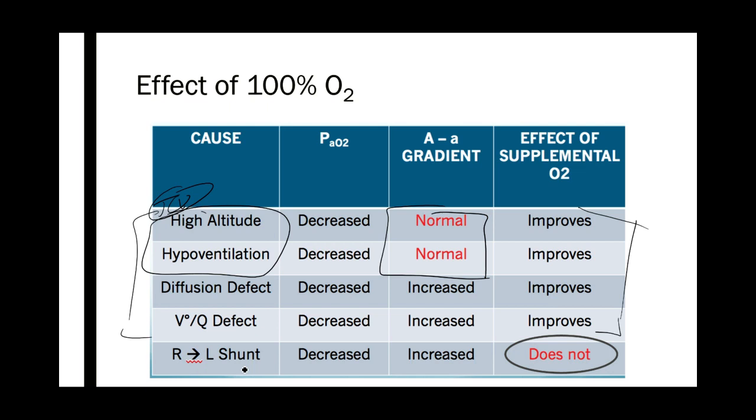But if there's a right to left shunt, it does not improve. And this makes complete sense, right? Because right to left shunt means there's some problem. Let's see, alveoli.